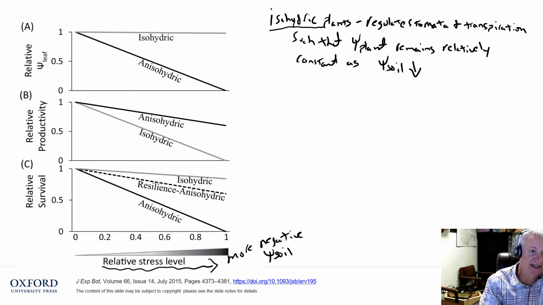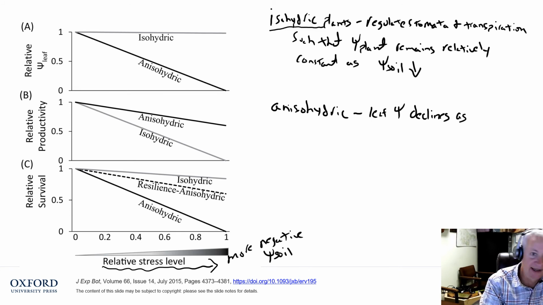Then the opposite of that is anisohydric. Leaf water potential declines, or becomes more negative, as soil water potential goes down.